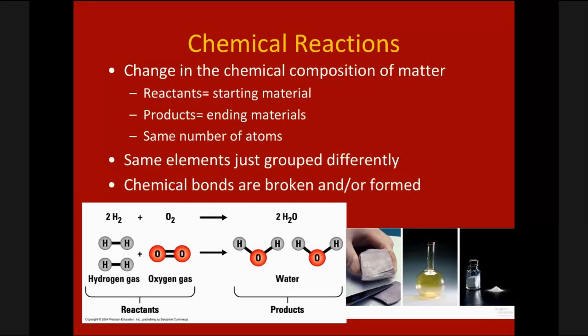Now, remember what we talked about, the law of conservation of matter. Matter's not created, matter's not destroyed. So here's the chemical equation, the 2H2 and the O2 being converted into two water molecules. Notice that the H2 refers to two hydrogen bound to each other, stable.